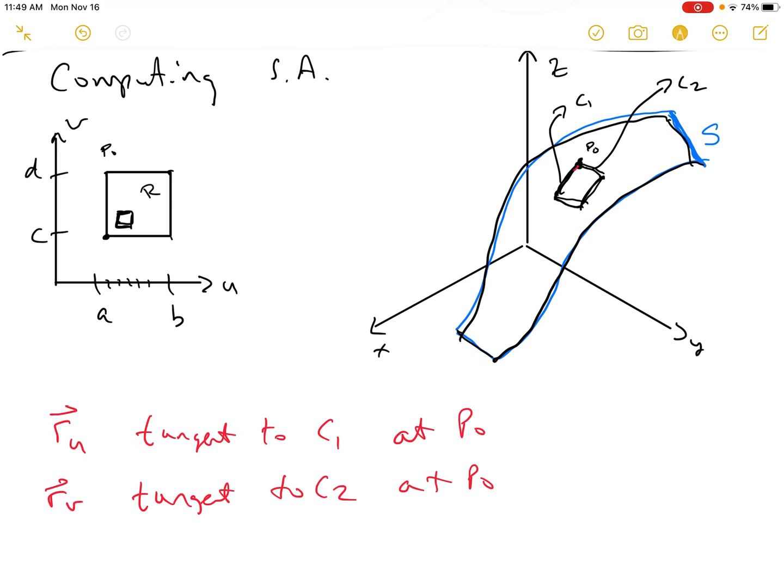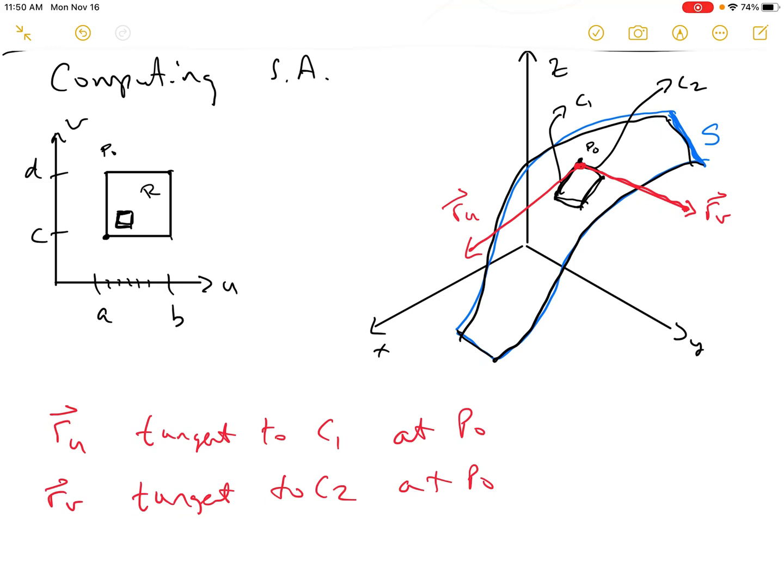R sub u goes like this, and r sub v goes like this, and they intersect at P0.